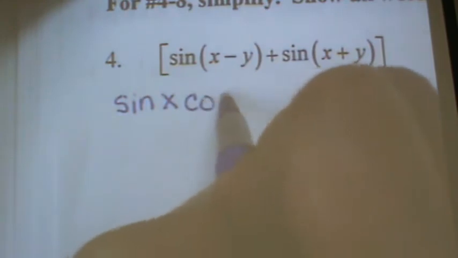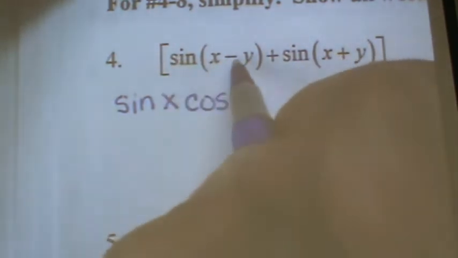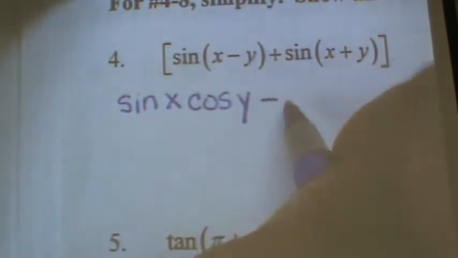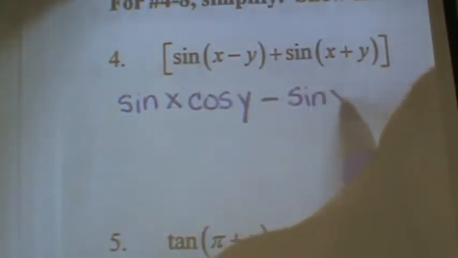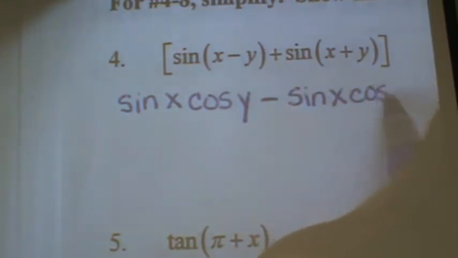So, how do you break this up? This is gonna be the sine of the first angle times the cosine of the second. Same sign, you use the same sign. So minus the sine of the second angle times the cosine of the first.